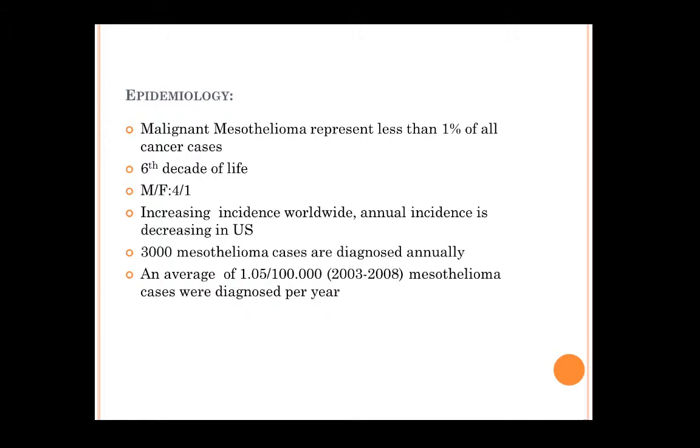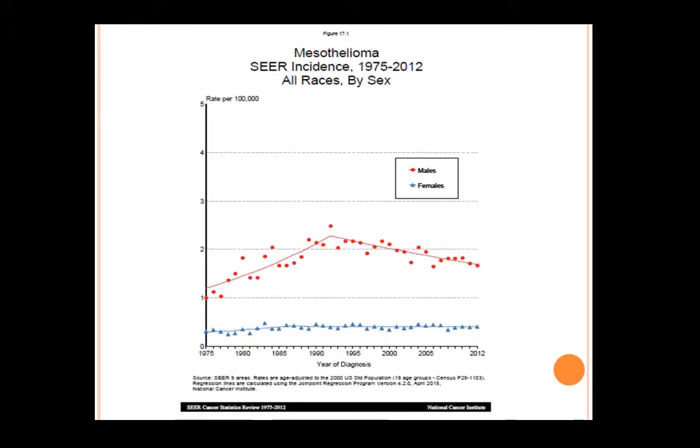Each year, about 3,000 cases of malignant mesothelioma are diagnosed in the United States with an average incidence rate of 1.05. This diagram is from SEER Cancer Registry data and shows the incidence rate of mesothelioma in the United States. As shown in the diagram, the incidence rate of mesothelioma increased until 1990.